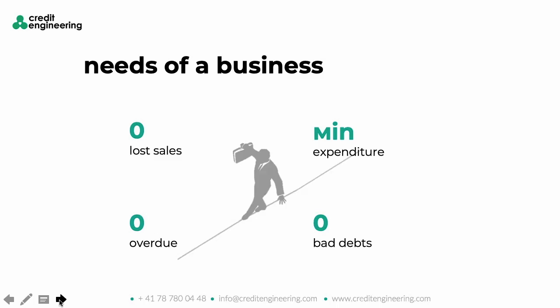Then obviously every business wants to have something close to zero overdue, and every business doesn't want to write off any bad debts, and obviously no business wants to have all these results at high cost. So expenditure should also be at a controlled level.